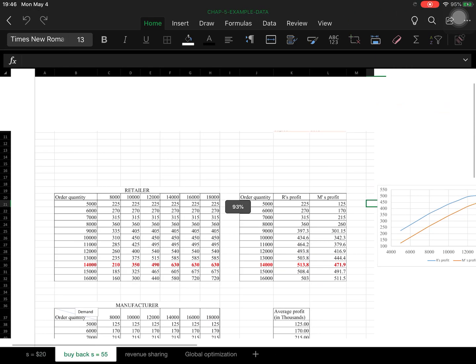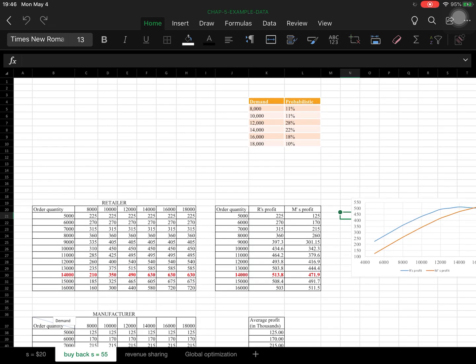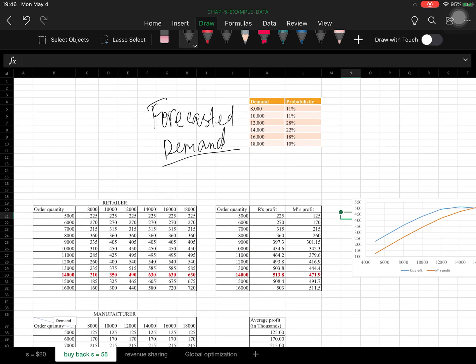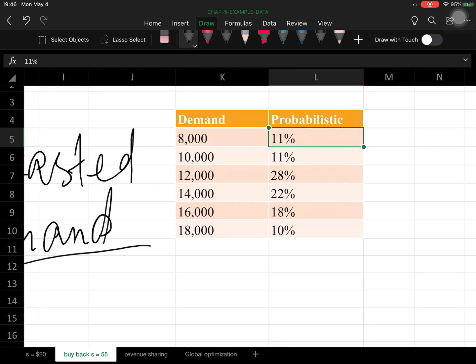Here we have the forecasted demand. We use it for all the examples in this lesson: demand of 8,000 has a probability of 11%, 10,000 also 11%, 12,000 is 28%.